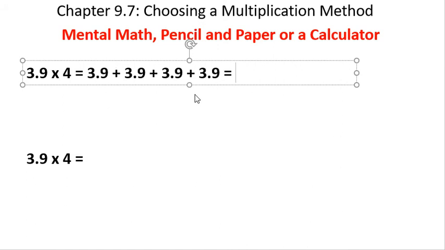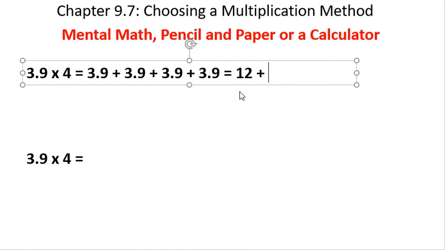This is accurate. Now I can collect all my ones. So 3 plus 3 plus 3 plus 3 is 12. And I now have 4 of my 0.9s. So I could do 0.9 plus 0.9 plus 0.9 plus 0.9. Or I could say 9 tenths times 4.